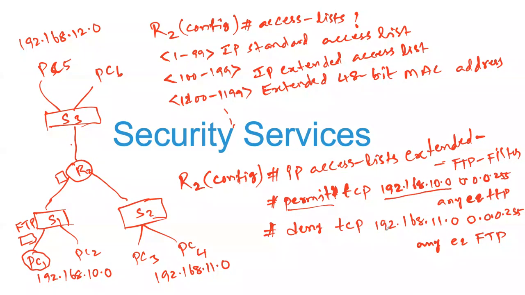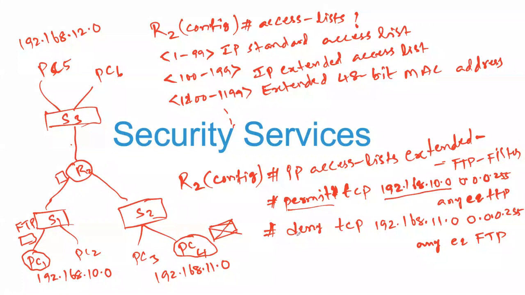In another case, we define deny TCP connection for the network address 192.168.11. That means if any packet is generated from PC4, when it reaches the router, the router checks the header field of this packet.